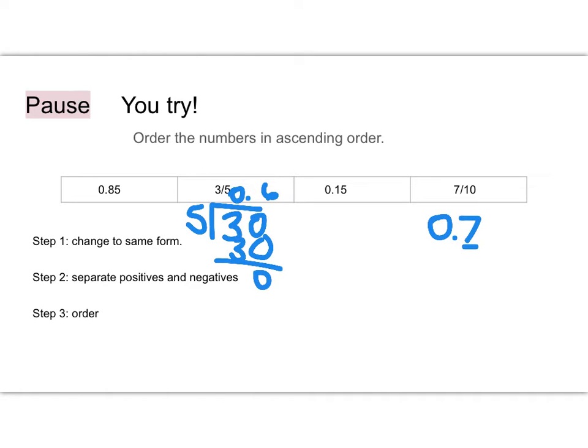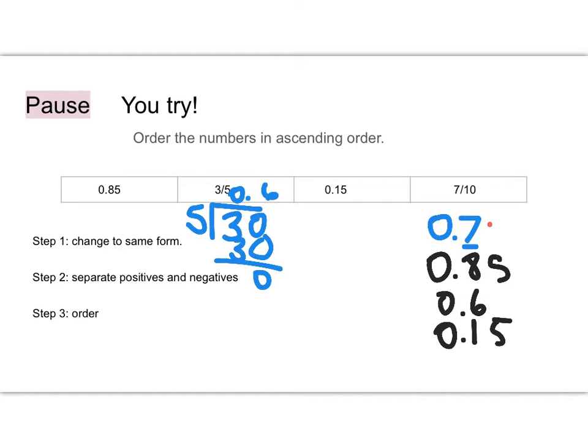Now, when you look at these different forms of rational numbers, I've changed them into decimal numbers. So one of the things I want you to keep in mind is that when we are comparing decimals, if you line up the decimals, it is so much easier to compare them. And one of the things that I like to do is put in zero placeholders.